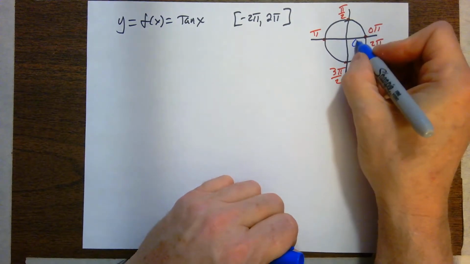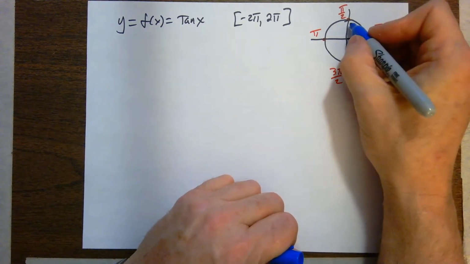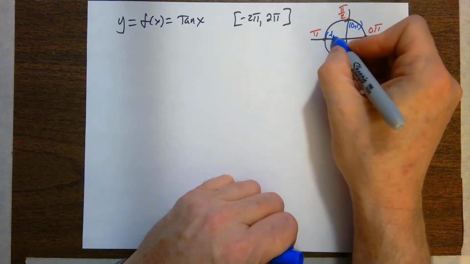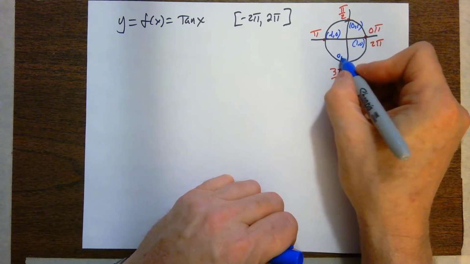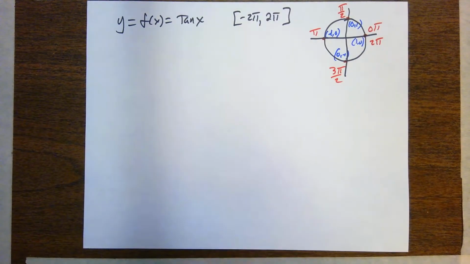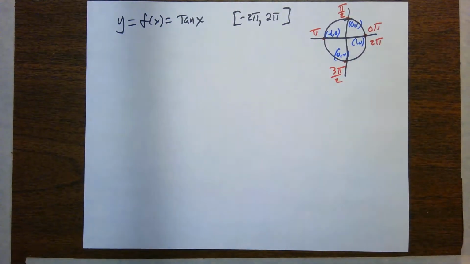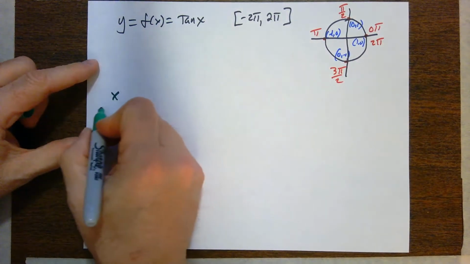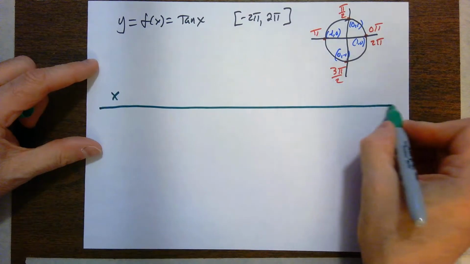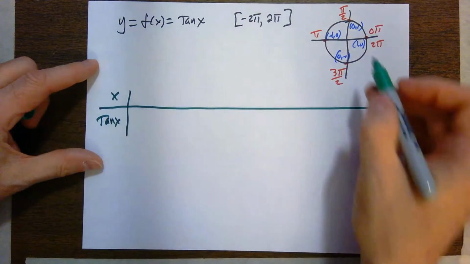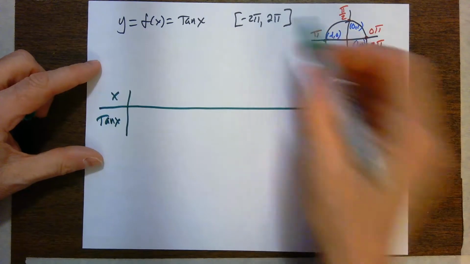1, 0, 0, 1, negative 1, 0, and 0, negative 1. And let's create our table now. Let's take a look at the table and fill it all in. We're going to have x values and the tangent of x, and we're going to go from negative 2 pi to 2 pi.